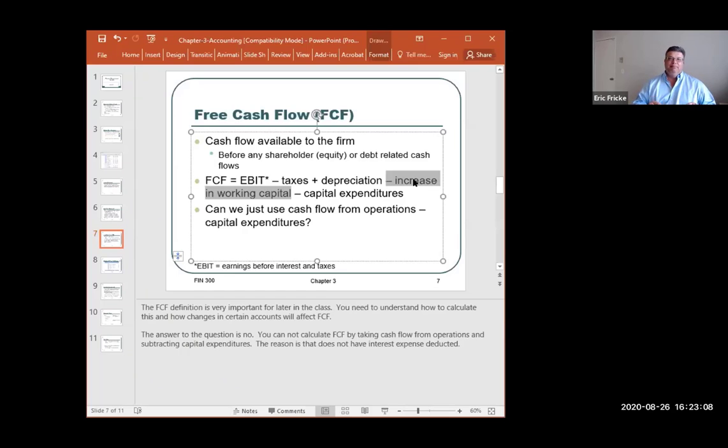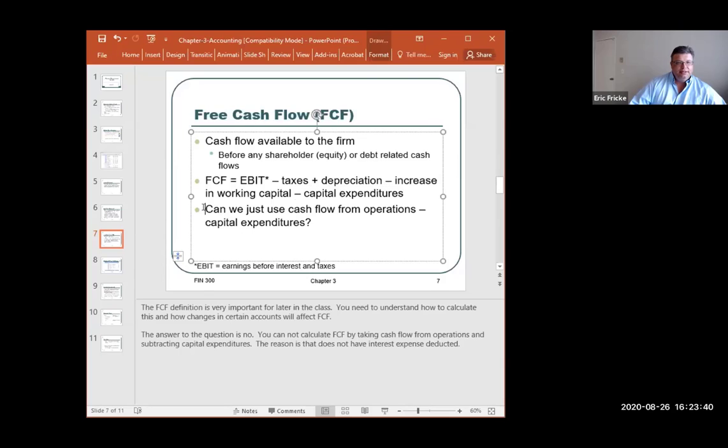Think about working capital as inventory. That's the easiest way for me to remember this. And if you increase inventory, that's going to cost you cash, so you have to subtract it because your cash flow is going to be lower. So that's why there's a negative sign here. And then we subtract financing cash flows, or I just put down here minus capital expenditures.